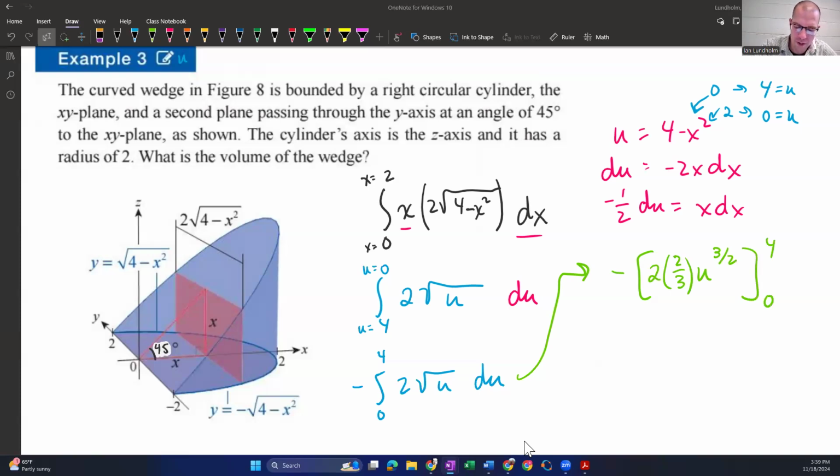And then we've got a 4 and a 0. So yeah, we should be able to go 4/3 times 4 to the 3/2 power.